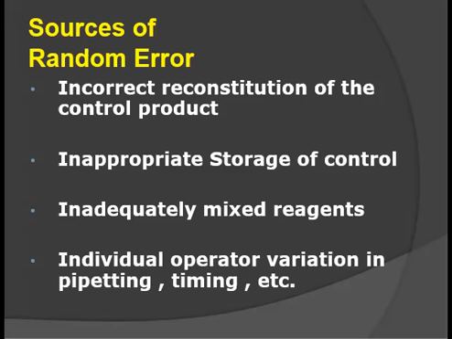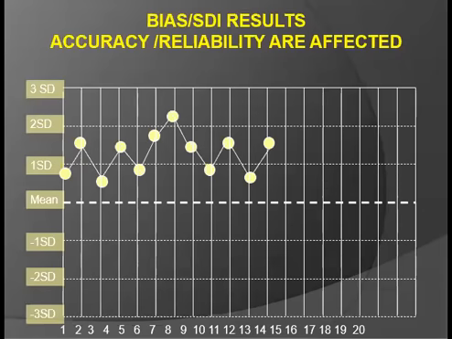Okay? So let's proceed to the next slide. So what does this tell us? This slide tells us that if there is a bias in the laboratory method, this is what you will observe in the Levy-Jennings chart. What do you see? You see they fall only on one side of the mean.